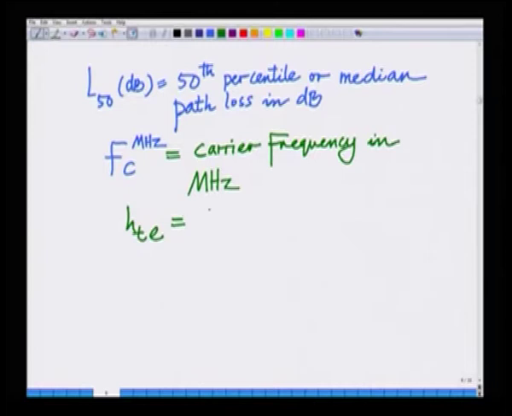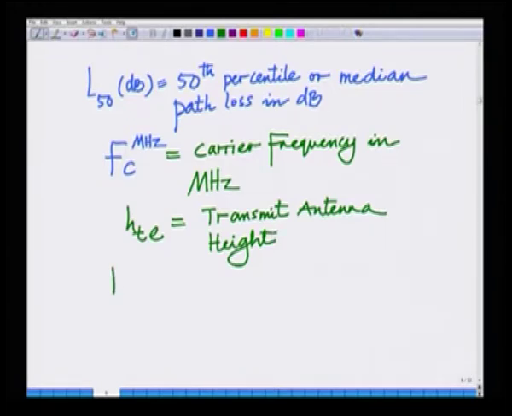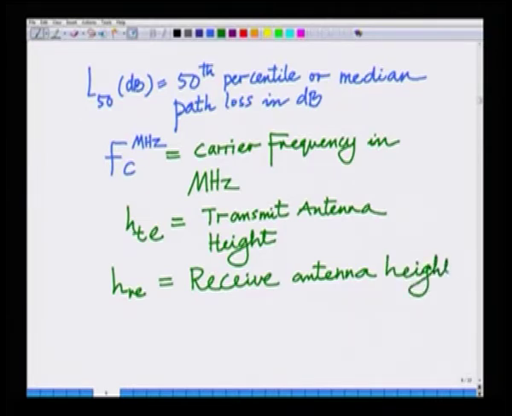HTE equals the transmit antenna height, HRE equals the receive antenna height, and A(HRE) is the mobile antenna correction factor.